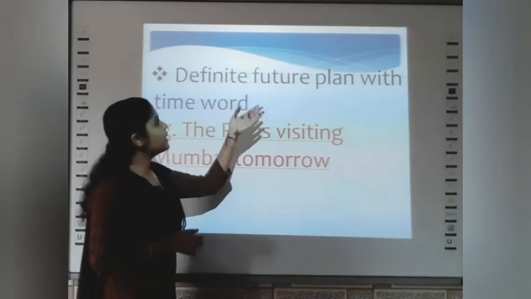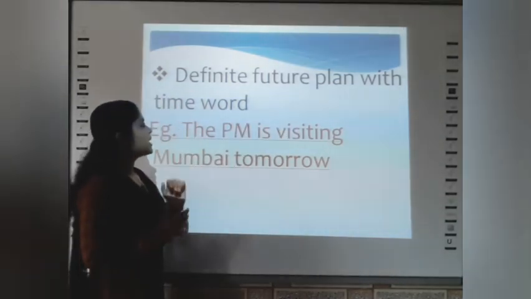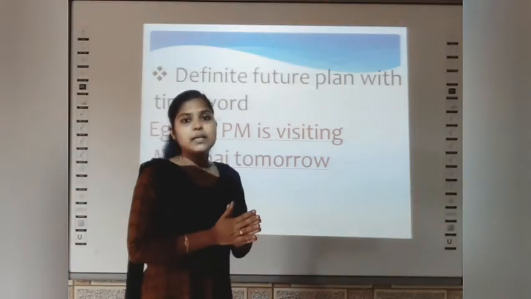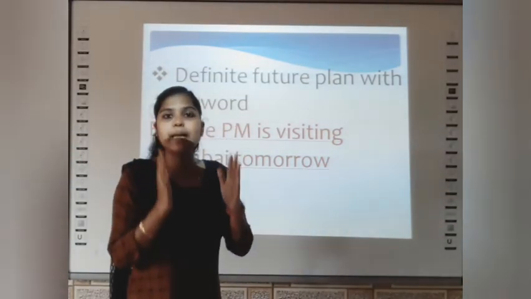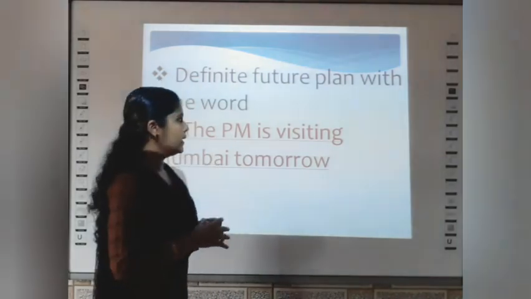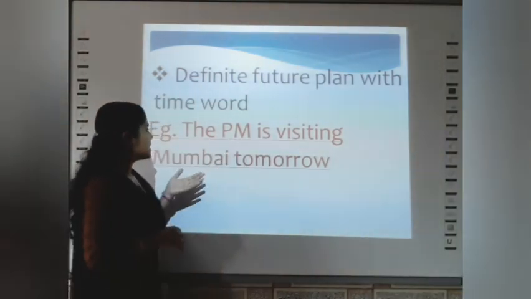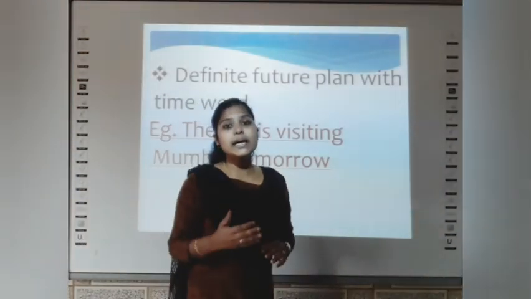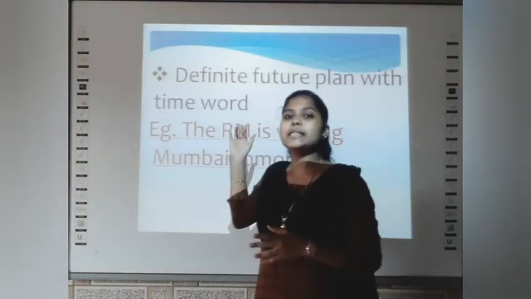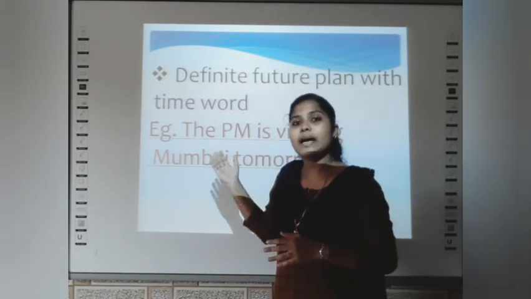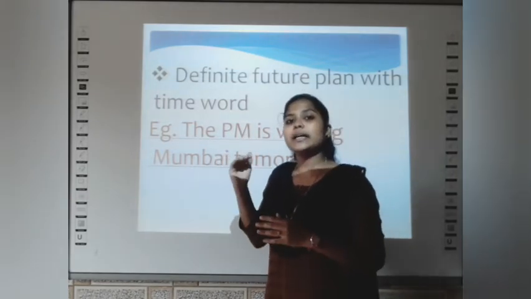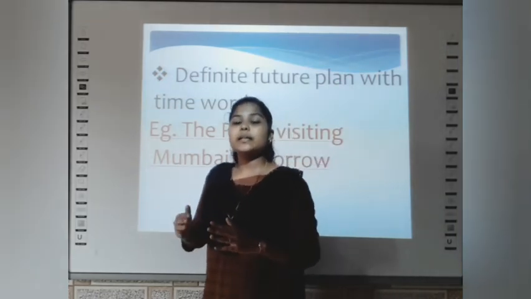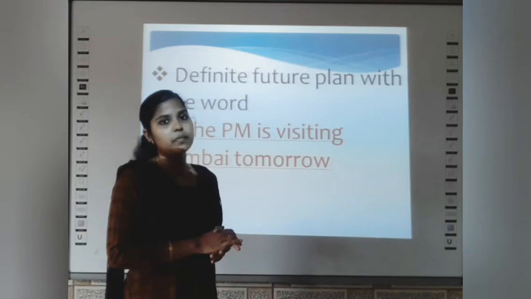Now, definite future plan with a time word. The thing which hasn't happened yet, but it will happen. It's a planned action. For example, the PM is visiting Mumbai tomorrow. Here, visiting is showing that this action is a continuous process, but it hasn't happened yet.